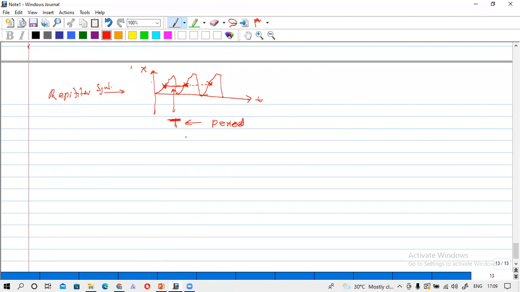Let's say this point is T1. What is this point? Can anyone tell? If this time is T, this is the period T, what is this point? Please tell someone.